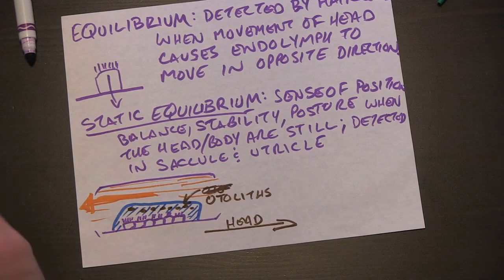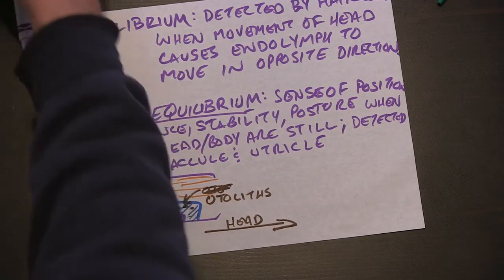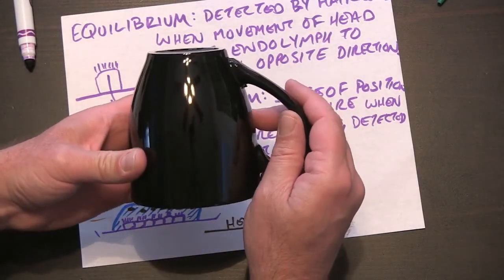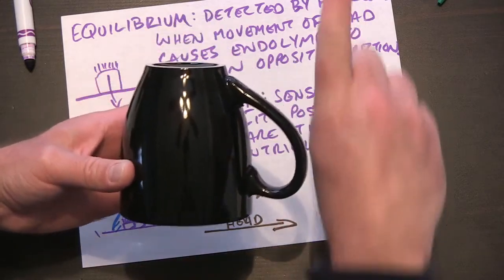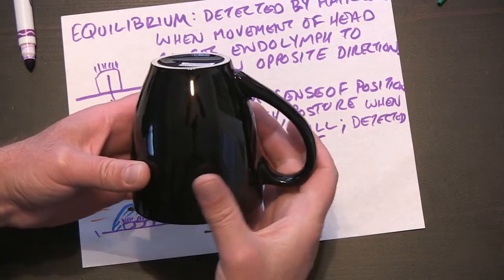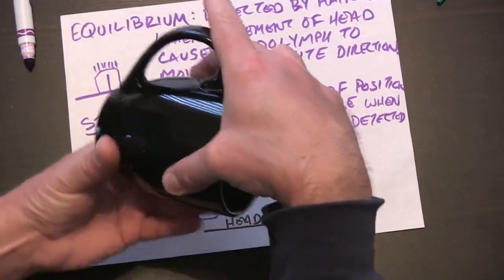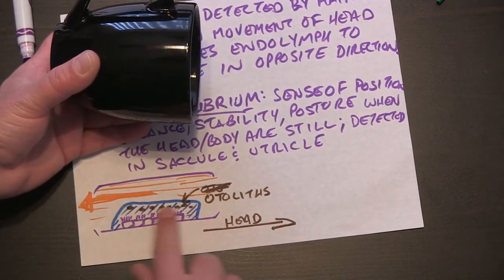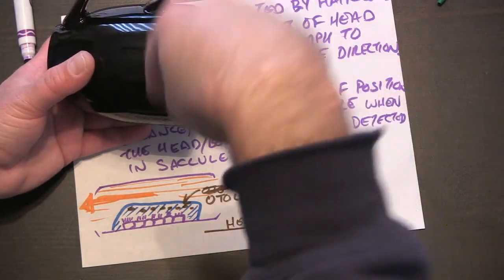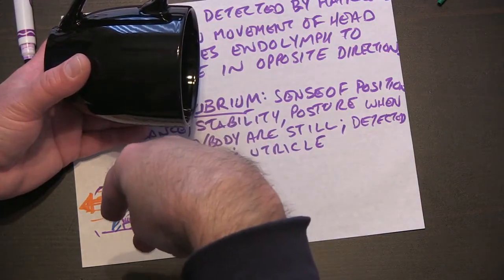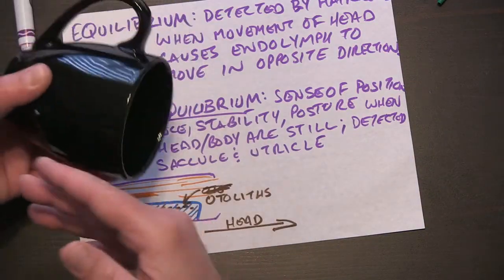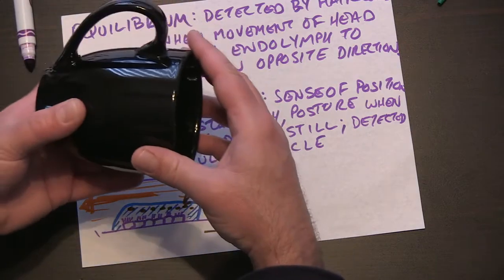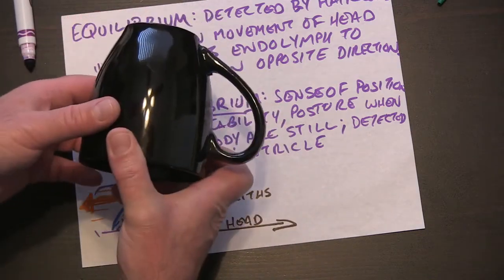Okay, so if you take your head and pretend that's up and that's down. If you turn your head to the side like that, the gelatinous matrix there is going to move down because of gravity, right? And you're going to detect that as now your head is sideways rather than upright.